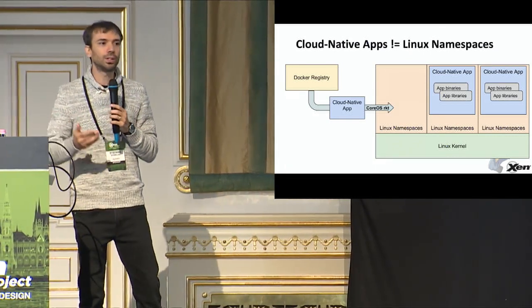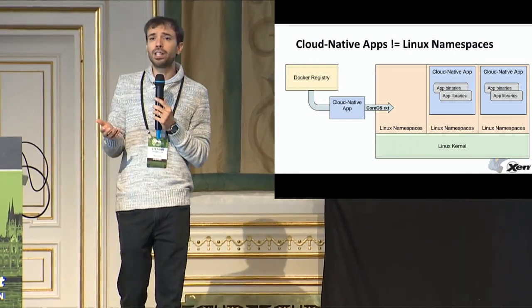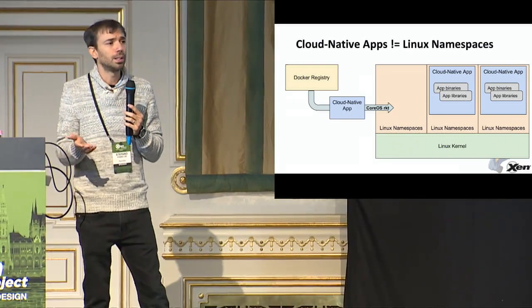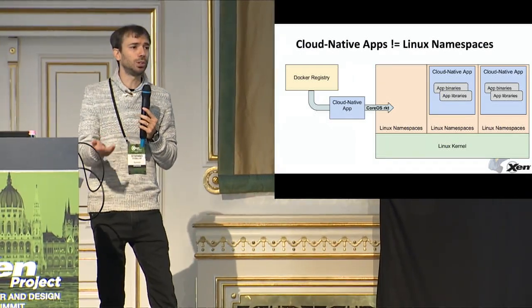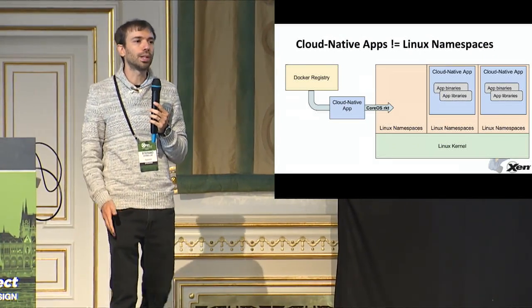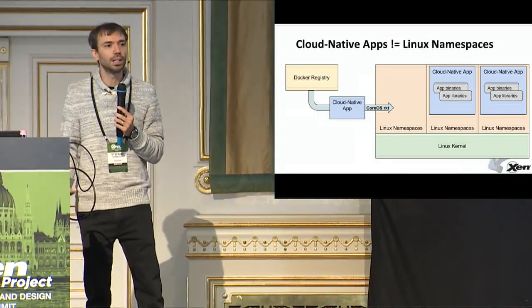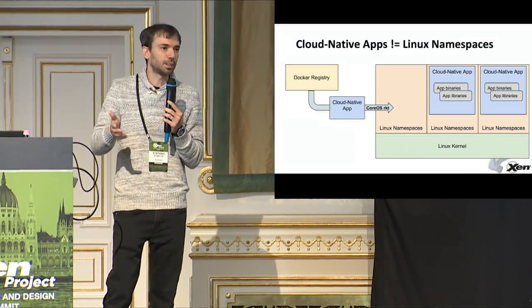So you can download an image from the Docker registry, and then, honestly, you could do whatever you want with it. You could unpack it, you could run it, not using Linux namespaces but using virtualization, you could run it on Linux, you could run it on Solaris, you could do whatever you like. Because in fact, it's a packaging format.